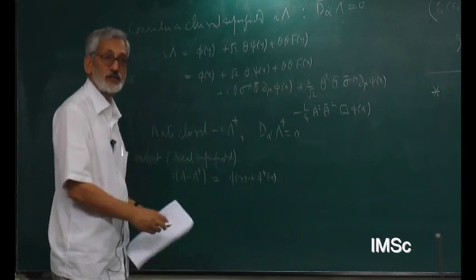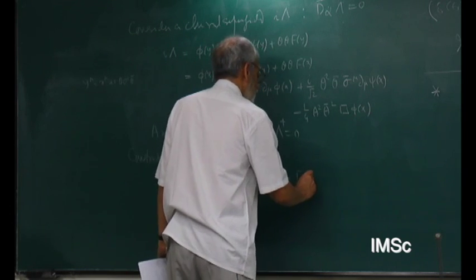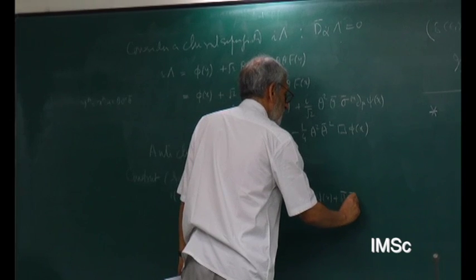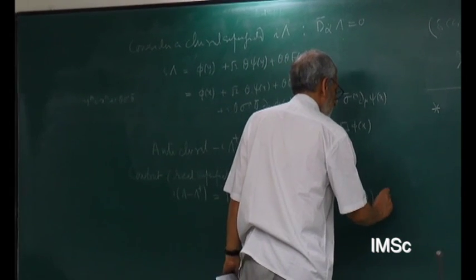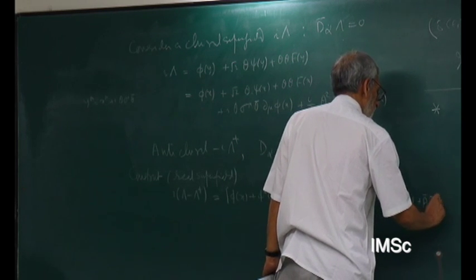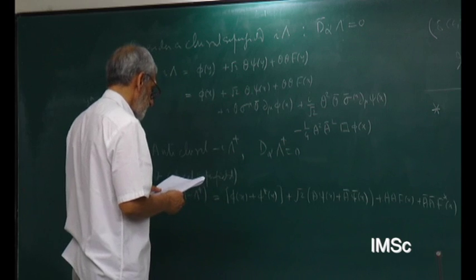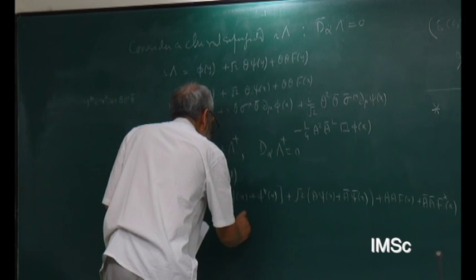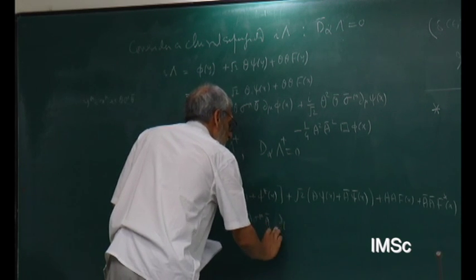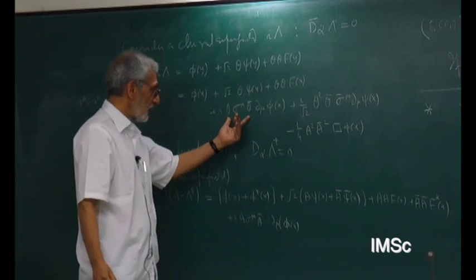This plus this complex conjugate. So that is the theta-less term, root 2 theta psi(x), theta bar psi bar(x), theta theta F(x), theta bar theta bar F star(x), plus i theta sigma mu theta bar d mu phi(x) and the conjugate of this object.